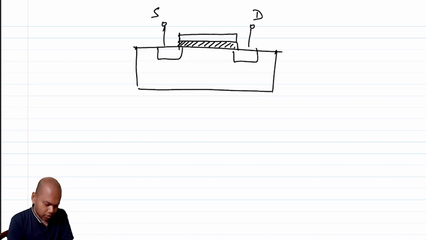So this is source, this is drain, and when the channel is formed, you have electrons spread across the channel, right?